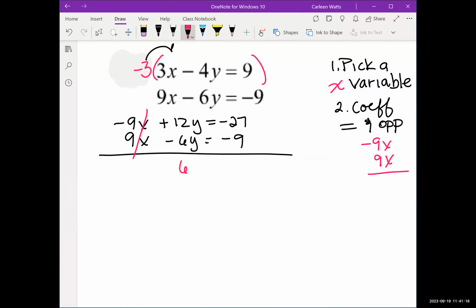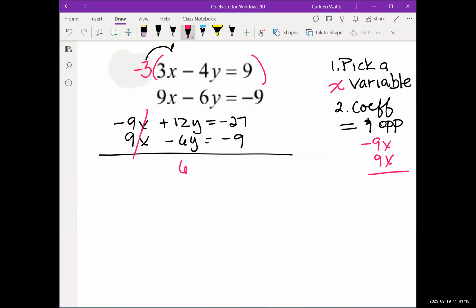Okay, this is a lot. I wanted you to see an example of all of them. I don't think you need 2 examples to get the idea of elimination when you need to multiply.